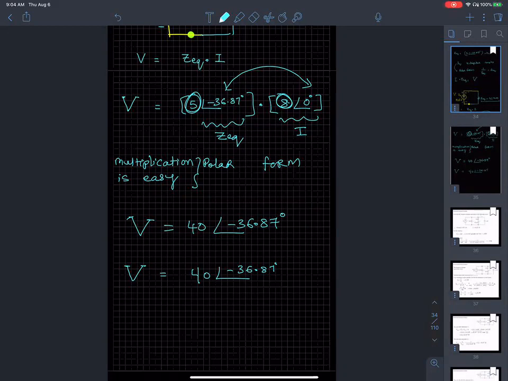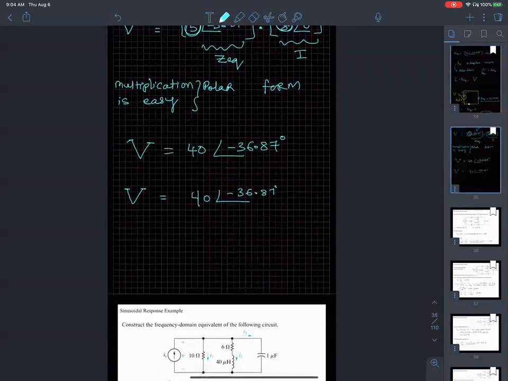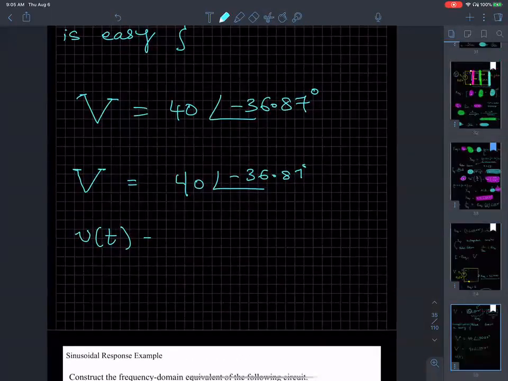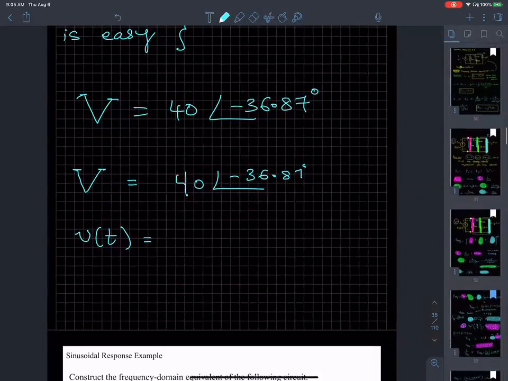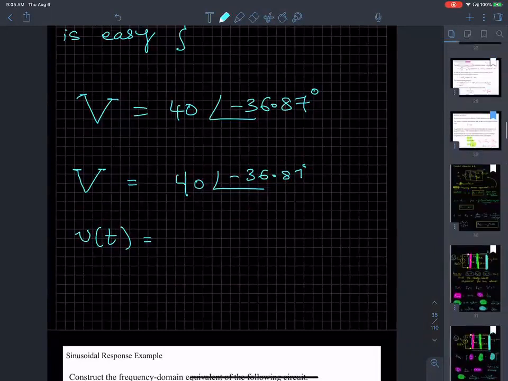Questions, please. Can we express this voltage in the time domain? How would you express this in the time domain? What I have here is Vm, and an angle of phase phi.